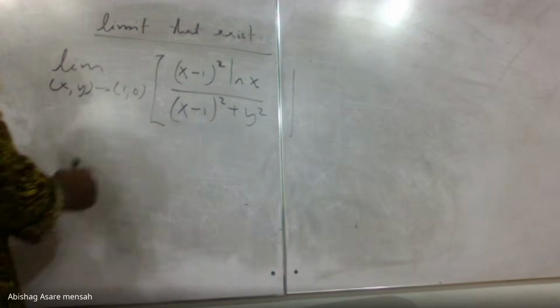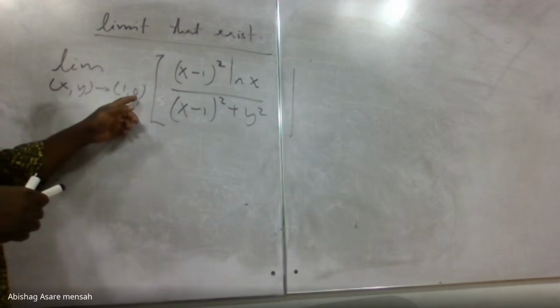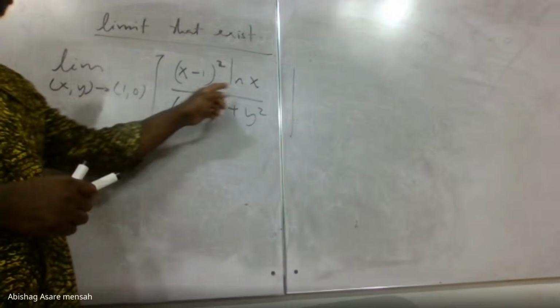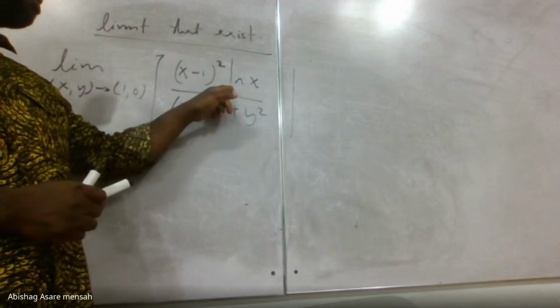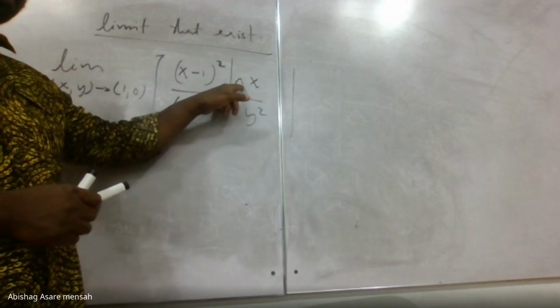So what do you have to do first? You see that if you put 0 here, it will be undefined, right? I told you that log of 0 is undefined. What do you have to do?